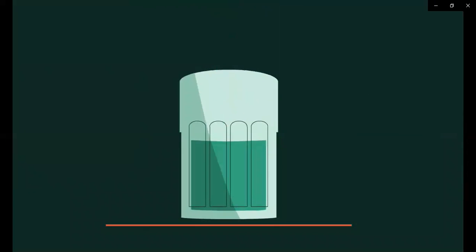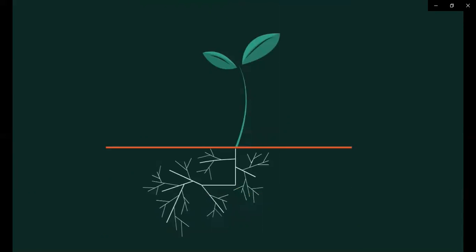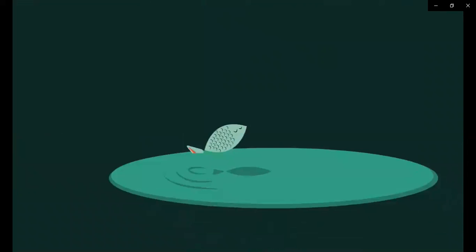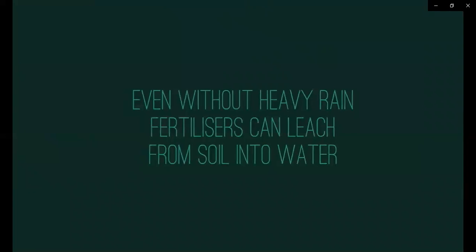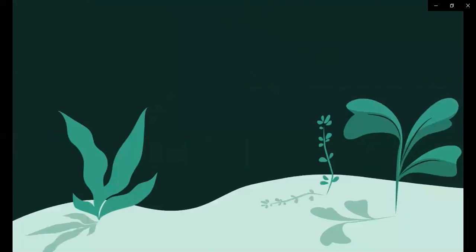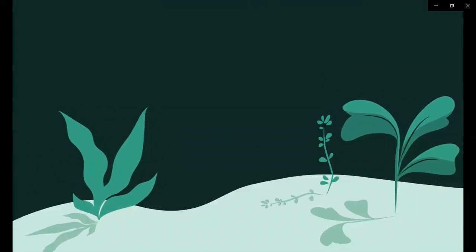Fertilizers must be dissolved in water before they can be absorbed by plants through their roots. This can happen from manual watering or rainfall. Heavy rainfall, however, can wash dissolved fertilizers into large bodies of water, such as rivers and lakes. In fact, even without heavy rain, dissolved fertilizers can still leach from soil into water. We have to remember that there are also aquatic plants, or plants that grow exclusively in water.